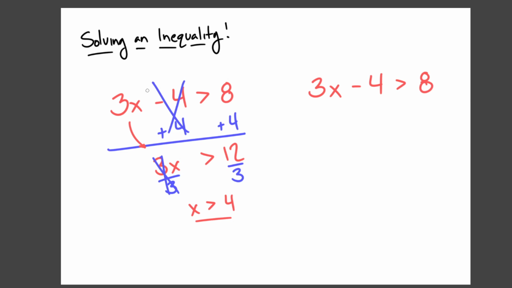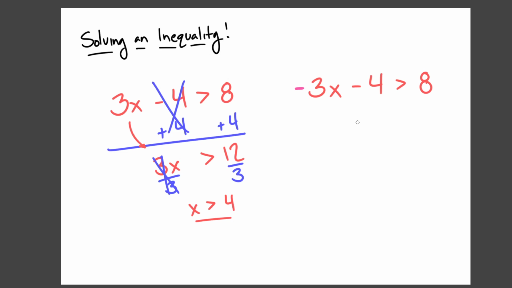Okay. Same equation as before, 3x minus 4. I'm sorry, same inequality. Same as before, this is 3x minus 4 is still greater than 8. The one change I'm going to make this time around is I'm going to make this a negative 3x. Let's see how this changes everything.